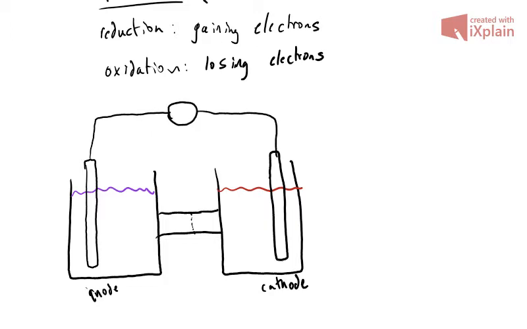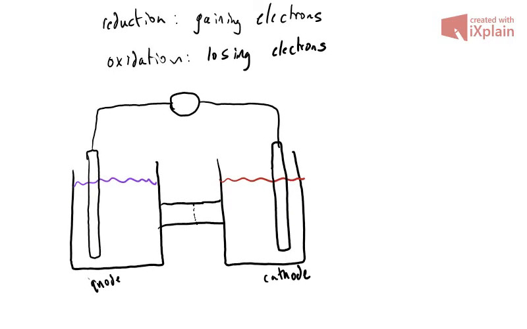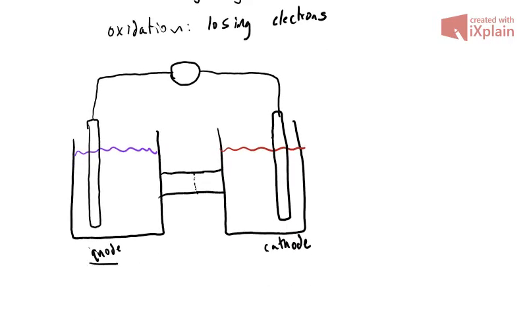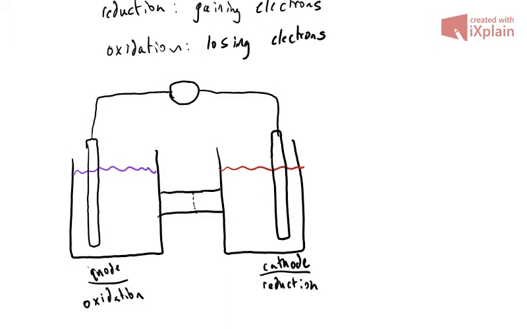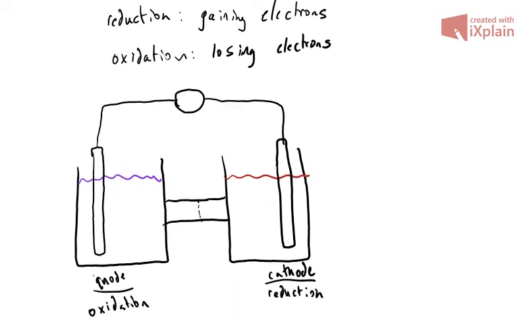All right. So we've got the anode, we've got the cathode. Now what happens at the anode is always oxidation. What happens at the cathode is the other one. Reduction. There we go.